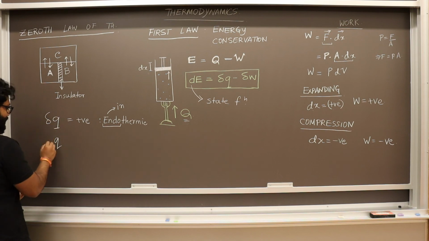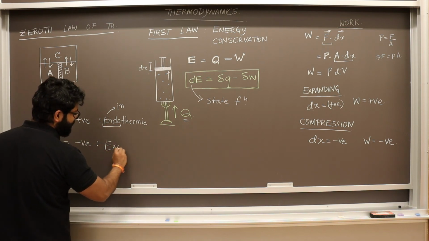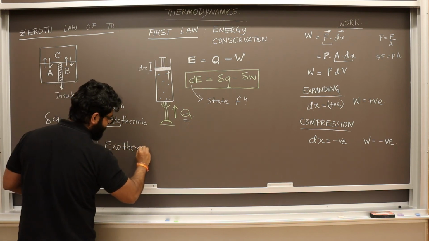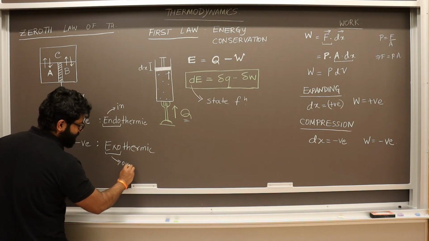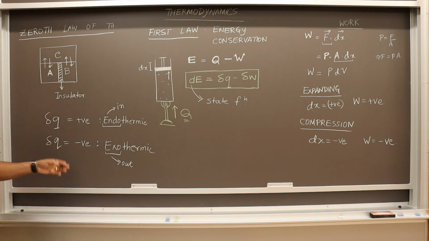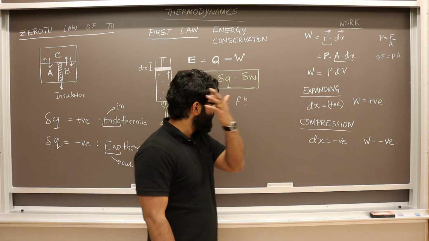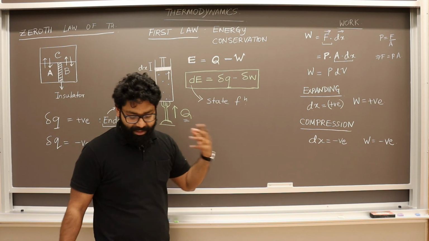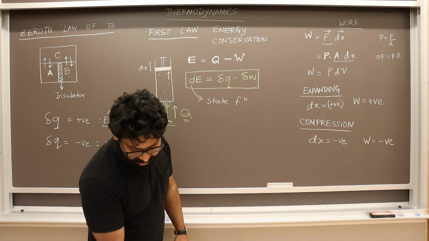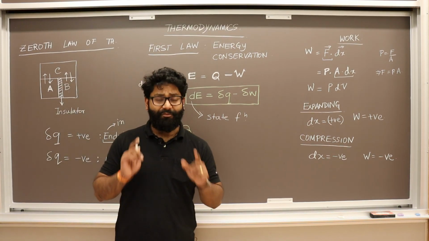And when Q is negative, we call it an exothermic process. Why? Because heat is getting out. This convention is basically the same for both physicists and chemists, but there is a small change in convention when people define work in two different ways. I find this easier because intuitively it makes more sense. Okay, so this is the first law of thermodynamics.